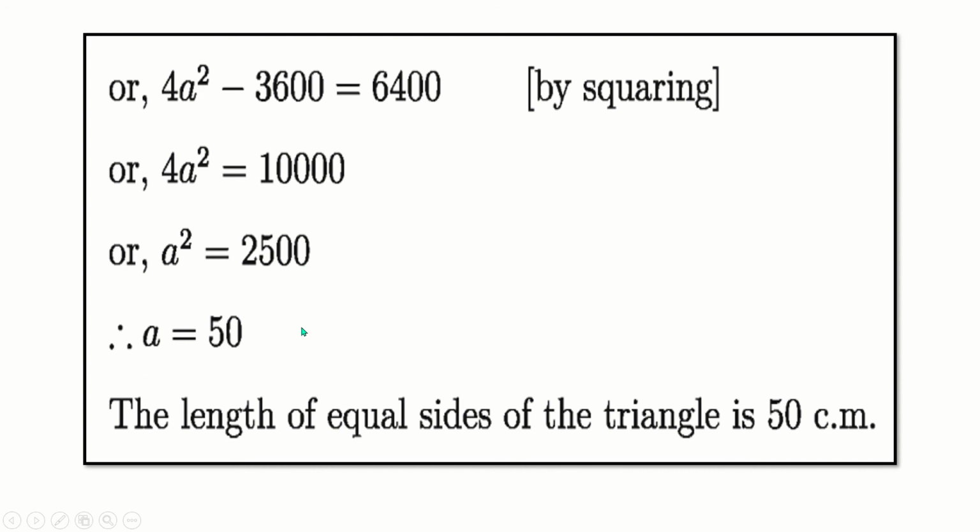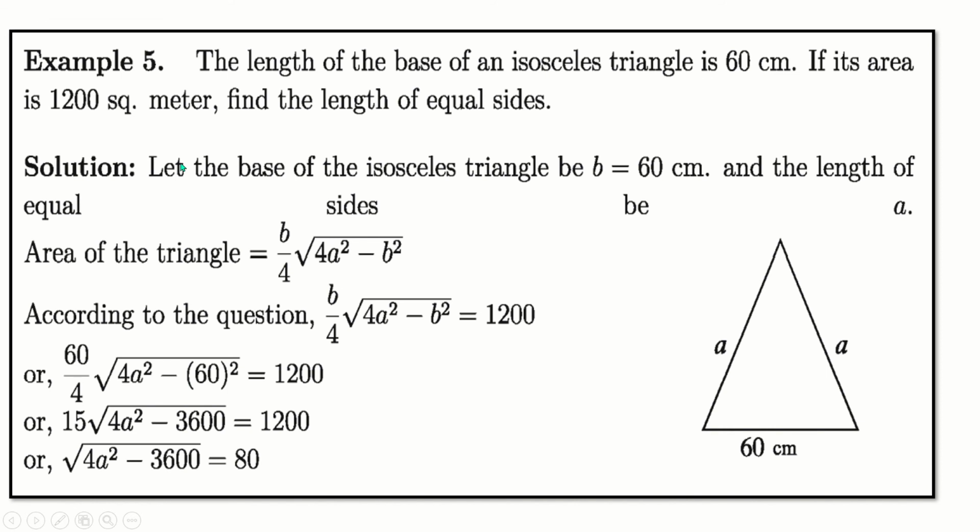Therefore A is equal to 50. Therefore the length of the equal sides of the triangle is 50 centimeter. As we have given the correction meter, here it will be meter. Or we can give the correction square centimeter, as you like best, no problem.